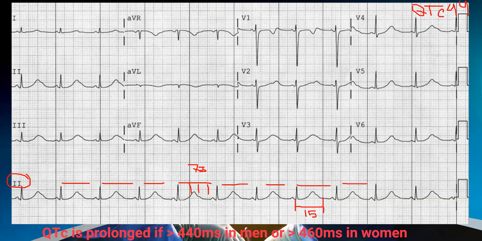Once you get the scenario, just look at the rhythm strip, look at the heart rate, and measure it, as you already know how. See whether the rhythm is regular or irregular, and I can see that the P wave is present here. QRS complex is fine. There is no ST elevation or ST depression. T wave also looks good. So everything is normal. So what's the problem? Look at the QT interval.